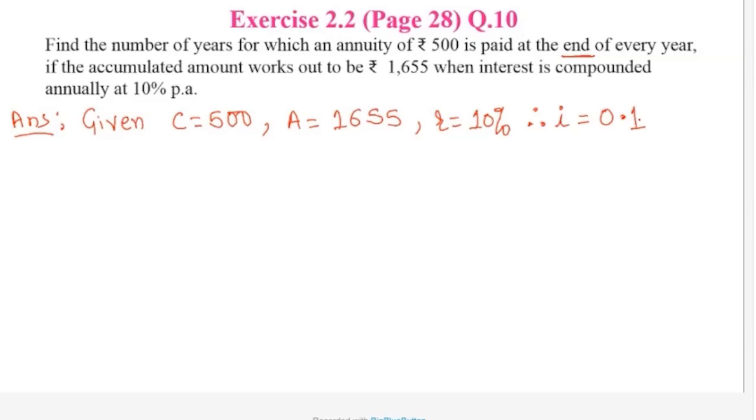Clear this much? Obviously, which formula will we require? They have given A, so we'll require the formula of A. A equals C upon i, square bracket, round bracket, 1 plus i, bracket raised to n, minus 1.